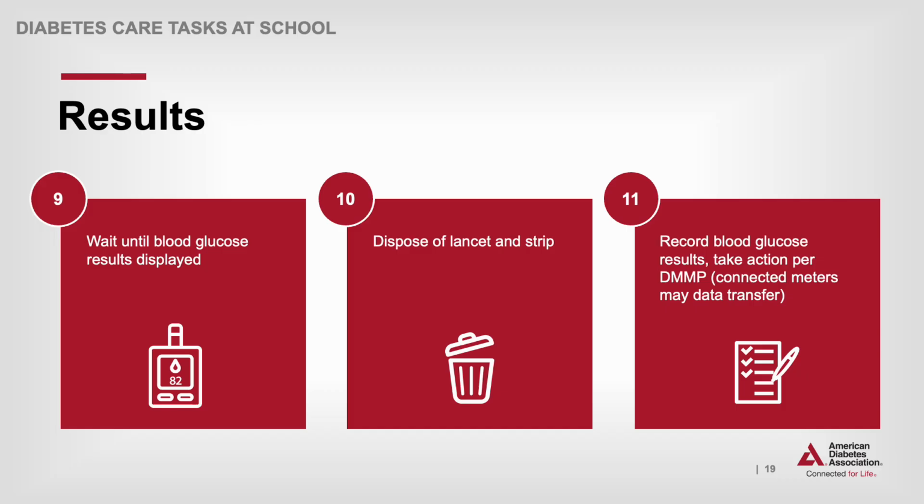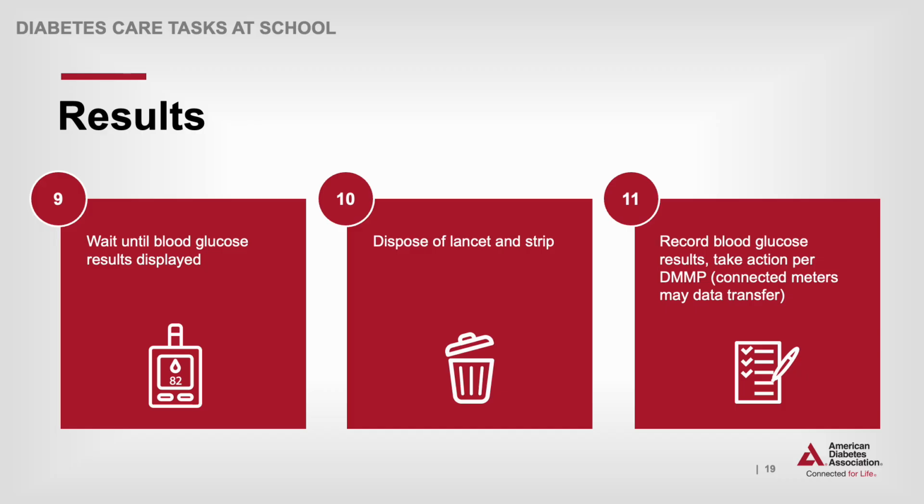Disposal of sharps may be in a container kept at school or in the student's personal container, a heavy-duty plastic or metal container with a tight-fitted lid. Used blood glucose strips and other materials may be discarded in the regular trash. Check with the student's personal diabetes healthcare team about health and safety requirements in your area.